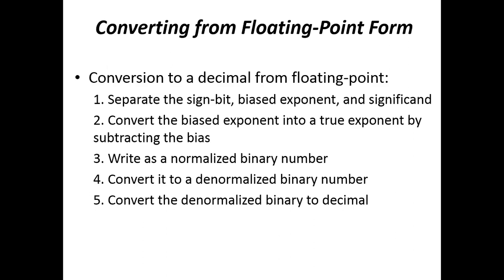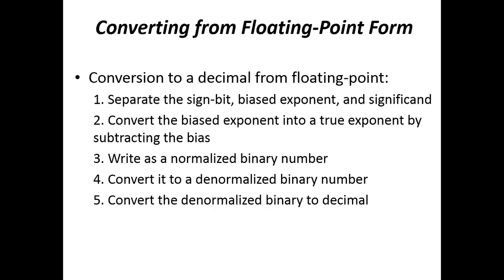Now we'll be converting from a floating point number to a decimal number. In the first step, we separate the sign bit, biased exponent, and the significand. The second step is converting the biased exponent into a true exponent by subtracting the bias. The third step is to write it as a normalized binary number, convert it to a denormalized binary number, and convert the denormalized binary number to a decimal number.